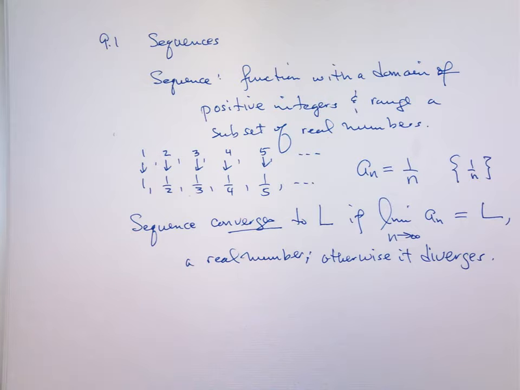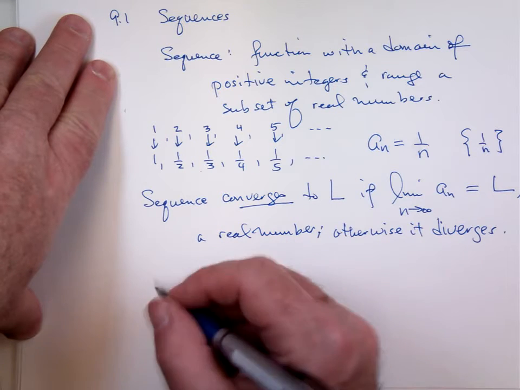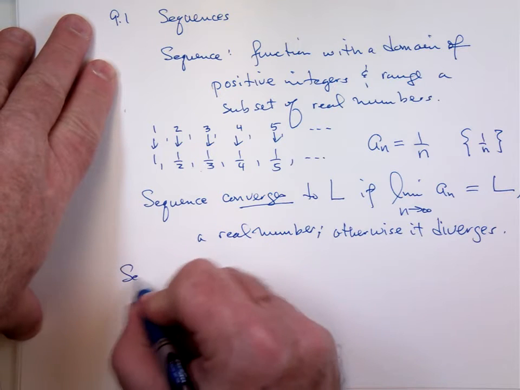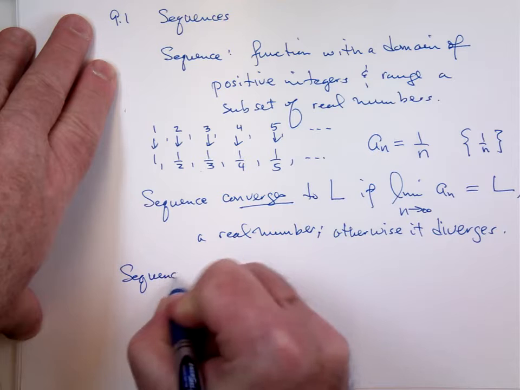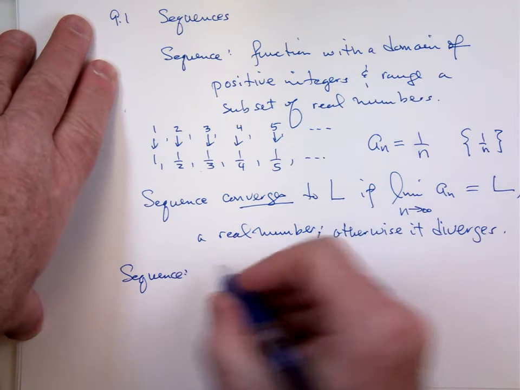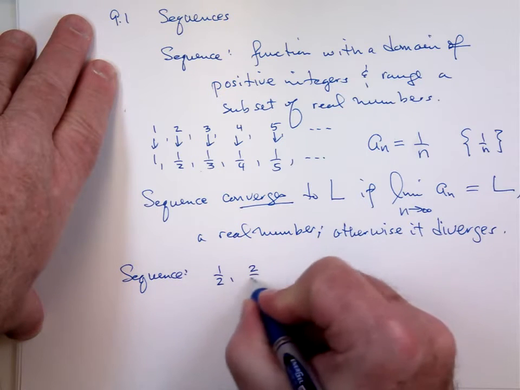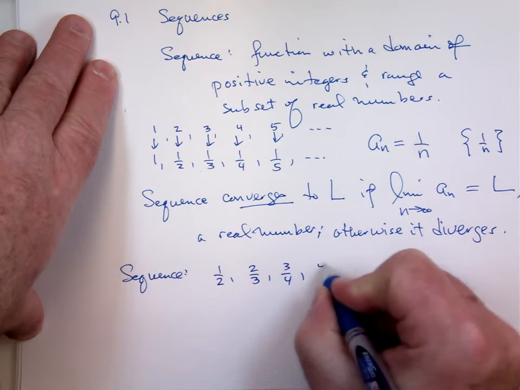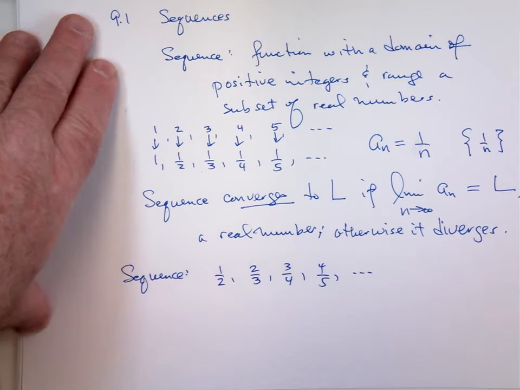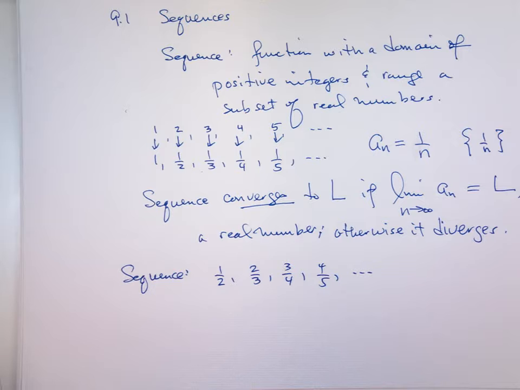So you're going to be given things like this. Here's a sequence. Let's say it's 1/2, 2/3, 3/4, 4/5, etc. And you're going to be asked to find the nth term and determine whether it converges or not. Anybody with the nth term?